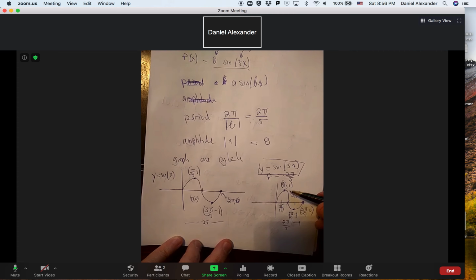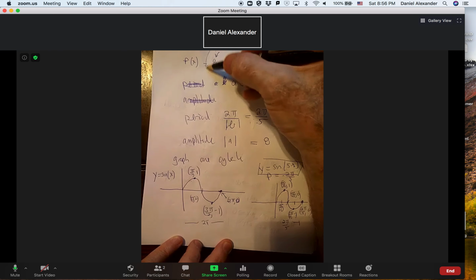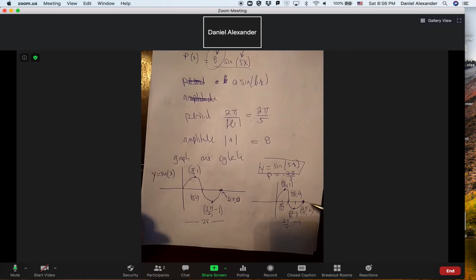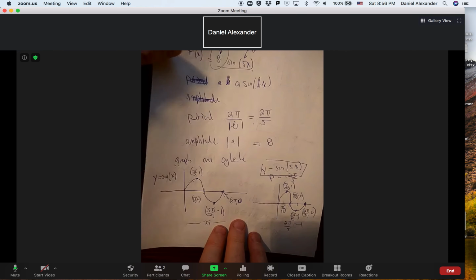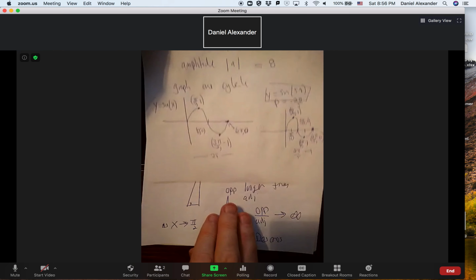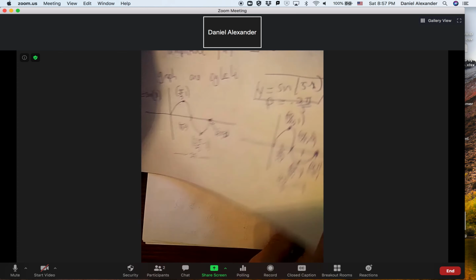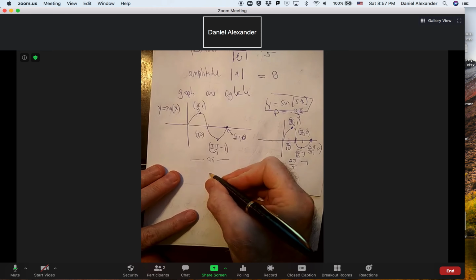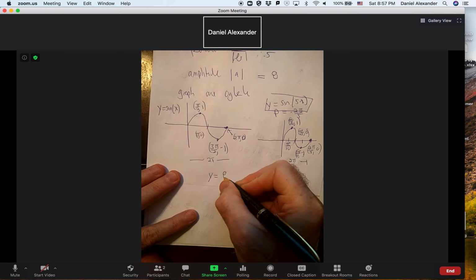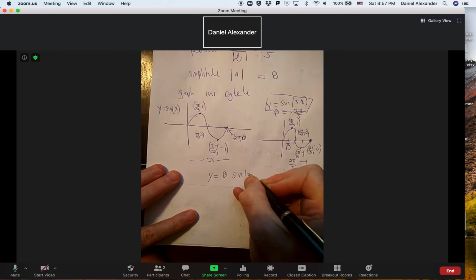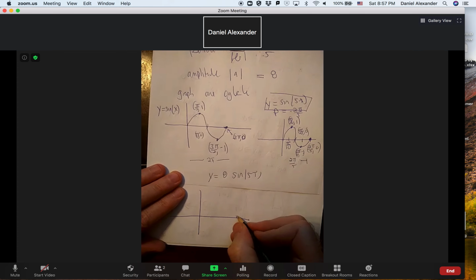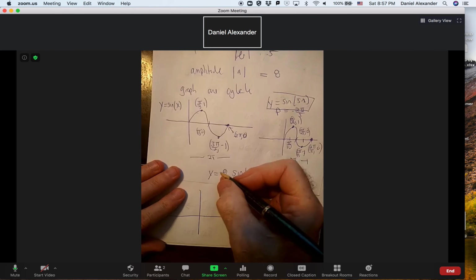And the next thing we do is we're going to stretch it. Remember that the amplitude is a, so keep that in mind. So I'm just going to pull this up. Now this one over here is going to be y equals 8 times sine of 5x. We know what this graph looks like. We're going to end at 2 pi over 5, except we're going to go up to 8 rather than 1.